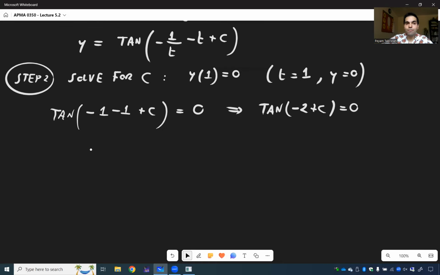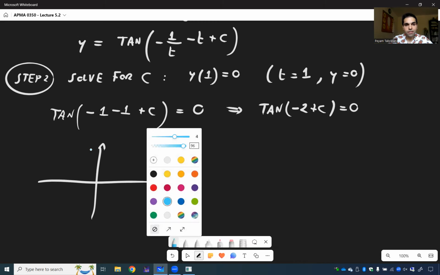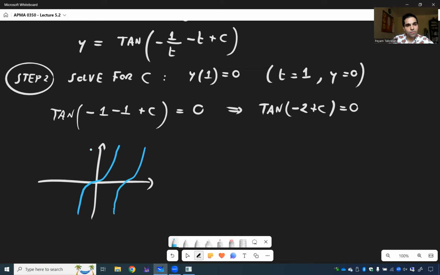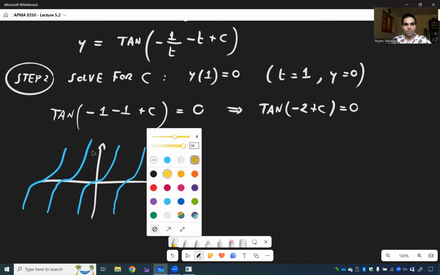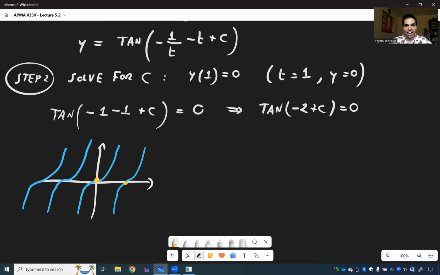Now, I would like to remind you what the graph of tangent looks like. It's this squiggly thing, like a roller coaster, but with trig. And in particular, what are the zeros of tangent?